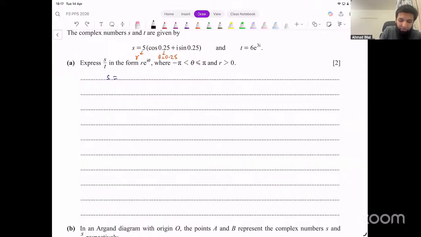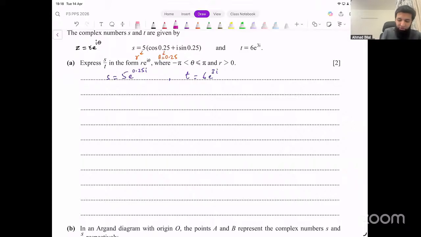The standard exponential form looks like this: re raised to power iota theta. So we can write down this number like this: r, which is 5 into e raised to power iota theta. That will be 0.25 times iota. This is the complex number s. The complex number t is already given in this form: 6e raised to power 3 iota.